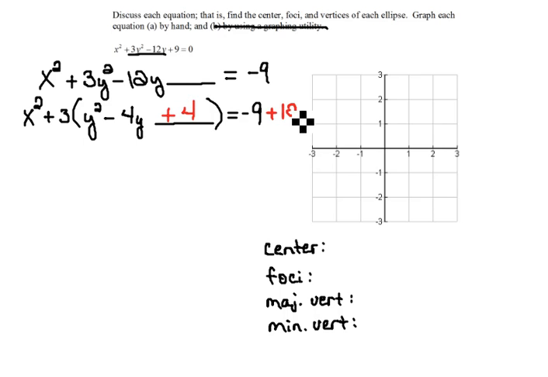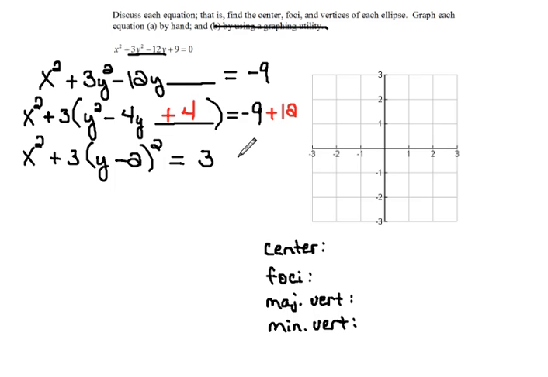So to balance it out, I have to actually add 12 to the other side. Now that's much more proper. And we can say x squared plus 3 times, now I can factor this perfect square trinomial down into y minus 2 quantity squared equals negative 9 plus 12, which would be a 3.